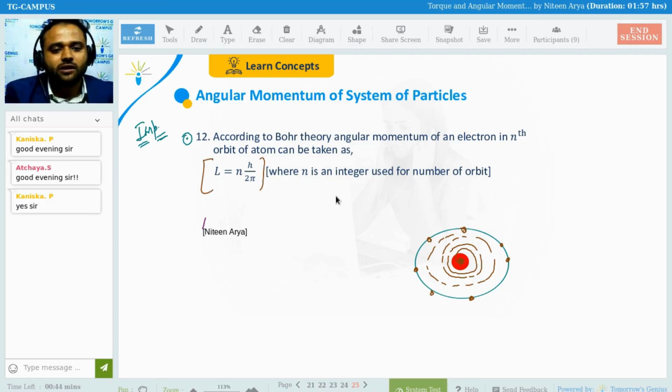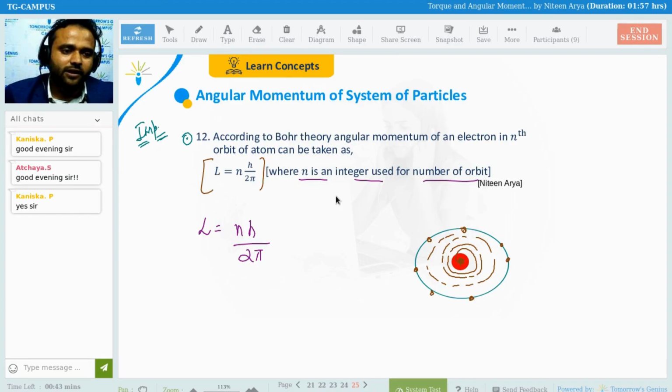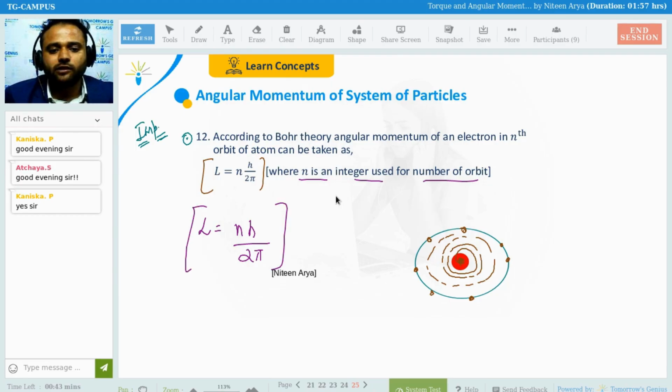The angular momentum L of an electron revolving in an atom is equal to nh upon 2 pi, where h is the Planck constant and n is an integer number. These are basically known as stationary orbits.